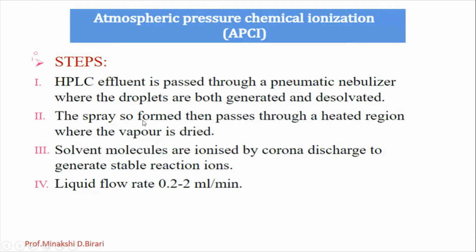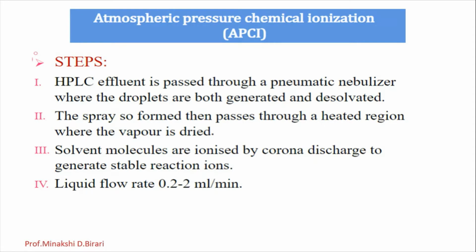The spray so formed then passes through a heated region where the vapor is dried. Then the solvent molecules are ionized by a corona discharge to generate stable reaction ions, and here the liquid flow rate is about 0.2 to 2 ml per minute.